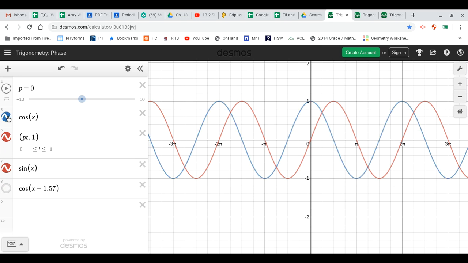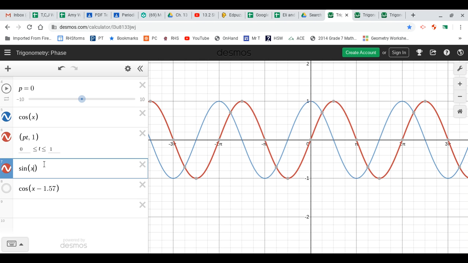Let me bring both the basic cosine and sine up again. I could phase shift, I could do it oppositely. What if I want to turn the sine function into a cosine function? Then I could simply take that sine function and you would imagine sliding it from here to the left, correct?